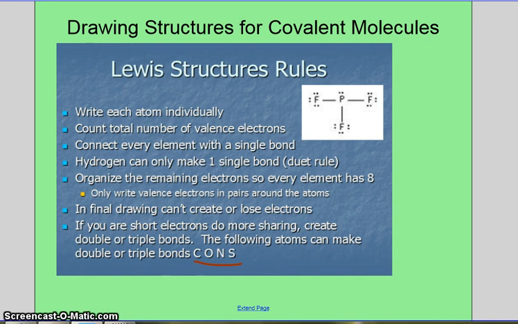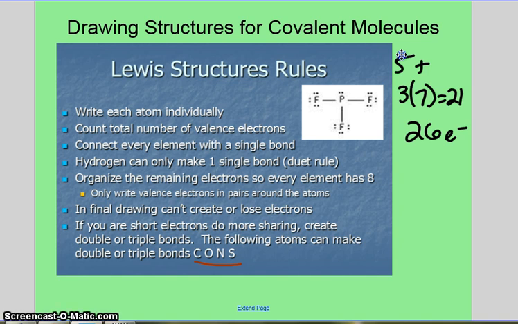So if we take a look here, phosphorus has 5 valence electrons, and each individual fluorine has 7. So our total number of valence electrons in the diagram should be 26.